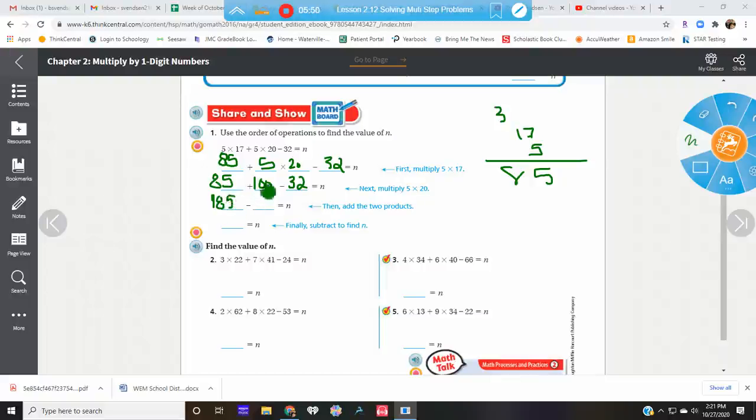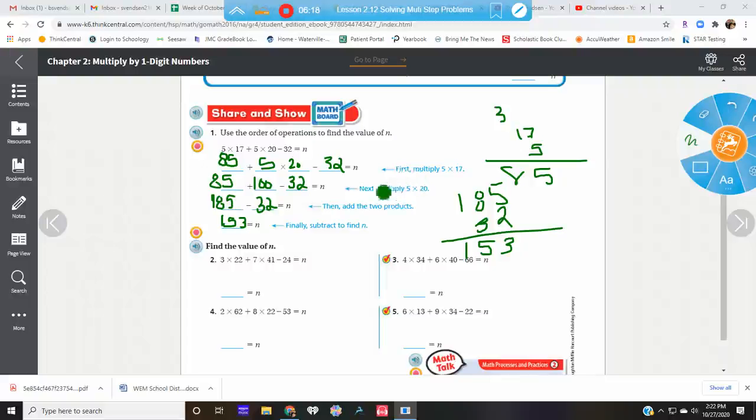And we're going to take away 32. So 185 take away 32, we are going to get 153.